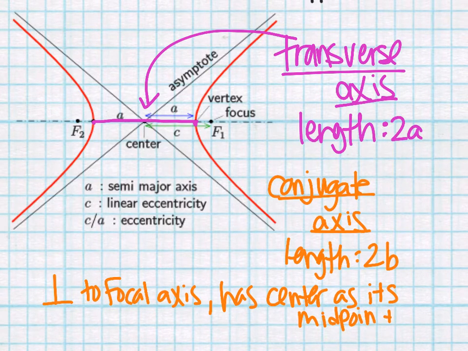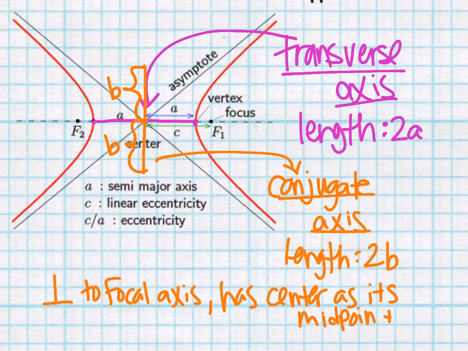So what that means, if we put this on the diagram, is there is some axis that goes right here, and the length of one side here is b, and the other side here is b, and this is called the conjugate axis.